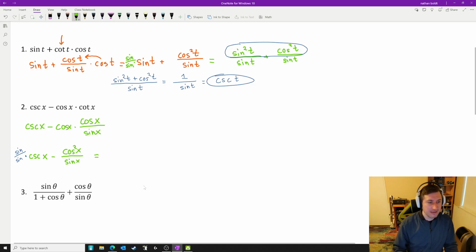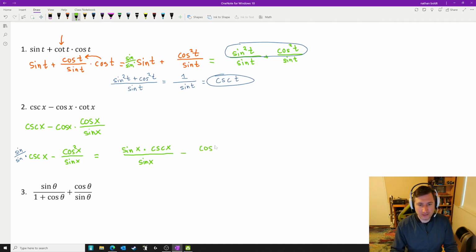That gives us sine x times cosecant x over sine of x, minus cosine squared x over sine of x.